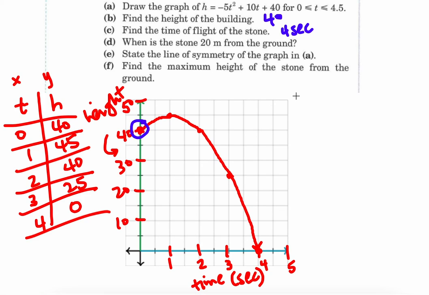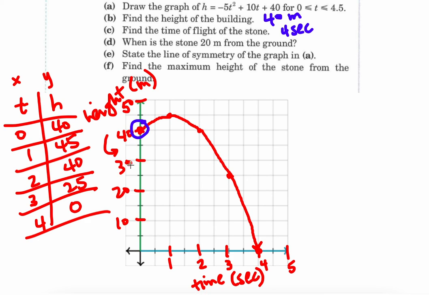Okay. And then, let's see. Oh, and sorry, this was 40 meters. My bad. When is a stone 20 meters from the ground? Let me go ahead and fix my scale. This height is in meters. When was a stone 20 meters from the ground?